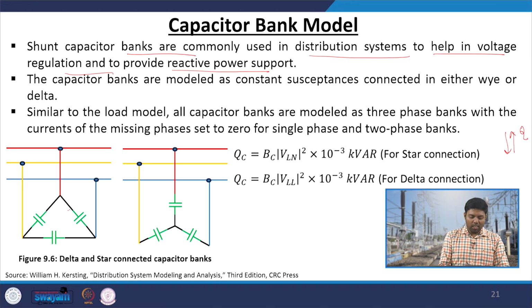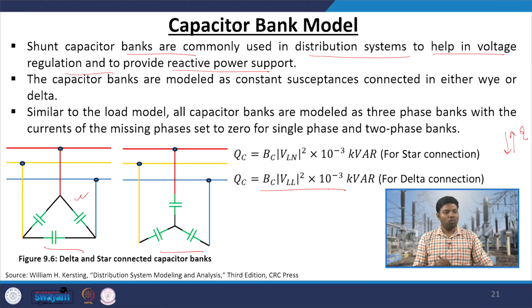You can connect your capacitor bank either as a delta connection or as a star connection, depending upon which circuit you are operating. It is generally favored to connect your capacitor bank as a delta. Why? Because for delta, your phase voltage is equal to your line voltage.